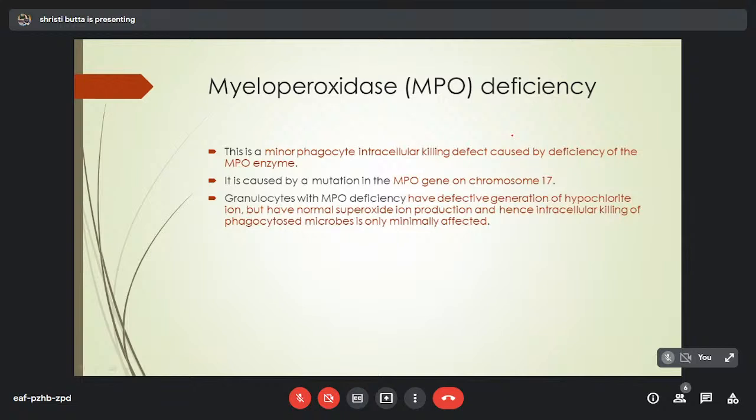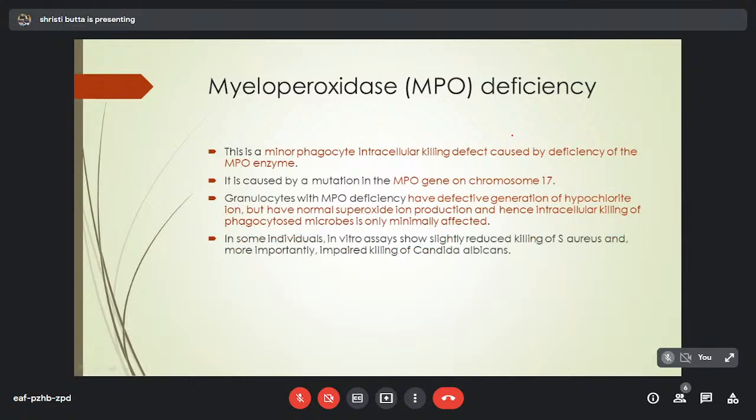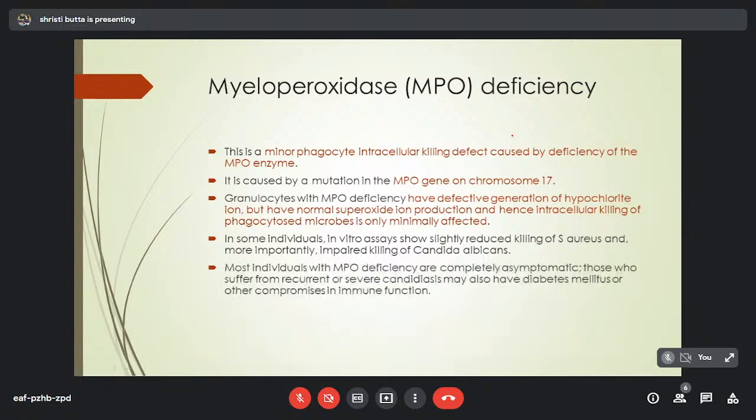Granulocytes with MPO deficiency have defective generation of the hypochlorite ion but have normal superoxide ion production. Hence the intracellular killing is only minimally affected. In some individuals, in vitro assays show slightly reduced killing of Staph aureus and sometimes even impaired killing of Candida albicans. Most patients with MPO deficiency are completely asymptomatic.